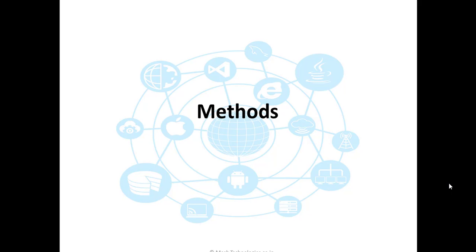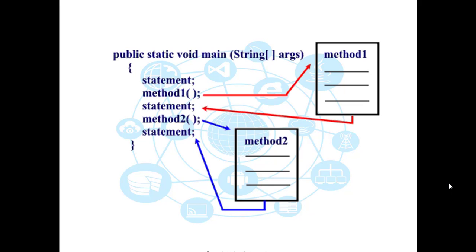In this, we create a separate part of a program, as you can see in this example, and call that particular part from our main program, the main method.